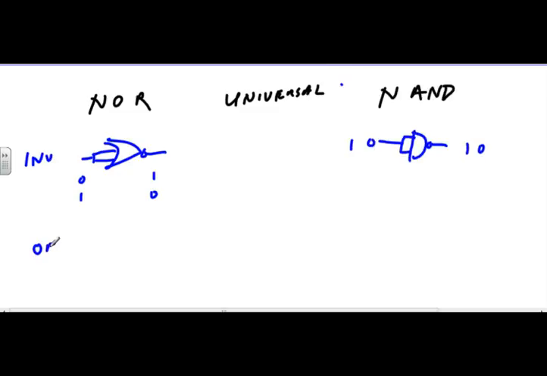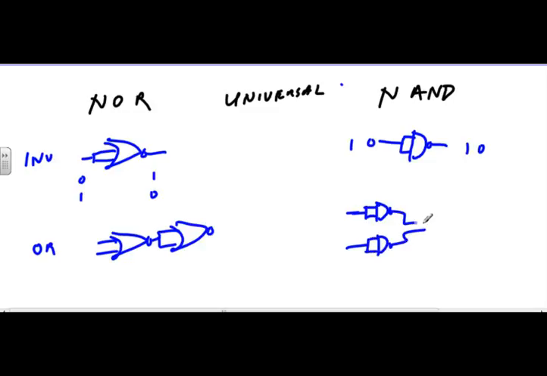If I want an OR, then all I'm going to do is take a NOR and put an inverter on it. If I want an OR, I'm going to invert the inputs of a NAND.